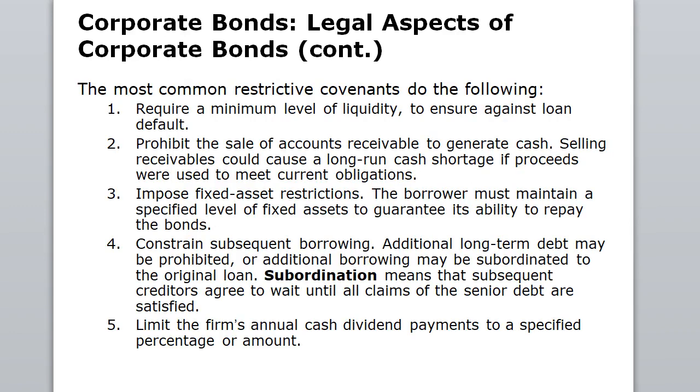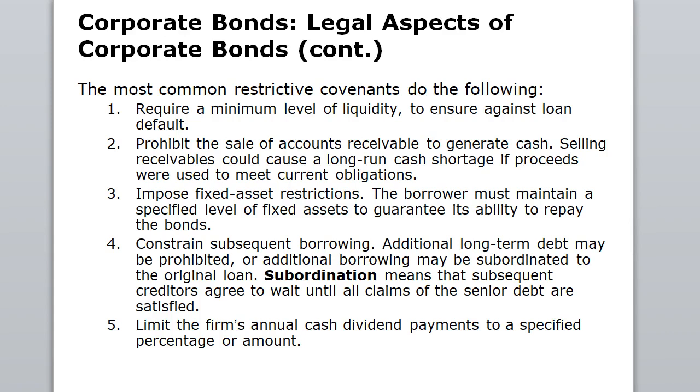The most common restrictive covenants are as follows. Requirement for a minimum level of liquidity, to assure against loan default; prohibit the sale of accounts receivable to generate cash; impose fixed asset restrictions, so the borrower must maintain a specific level of fixed assets that guarantee the ability to repay the bonds.